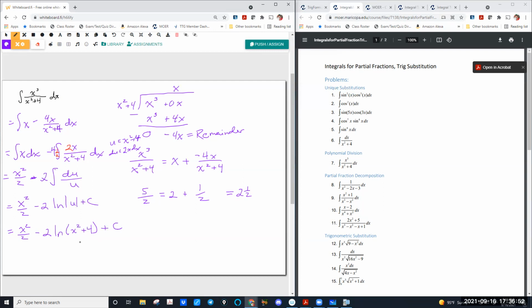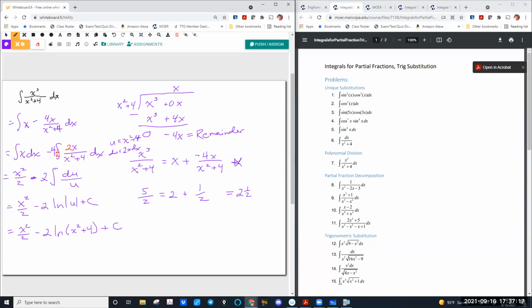And there's our antiderivative. So what I want you to take from this one: when your numerator has a higher power than the denominator, you start with polynomial division. You use the remainder theorem, which is this guy here. That allows you to rewrite your integrand.